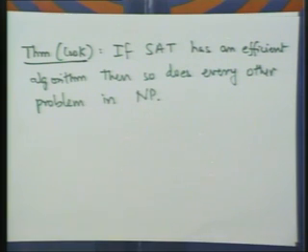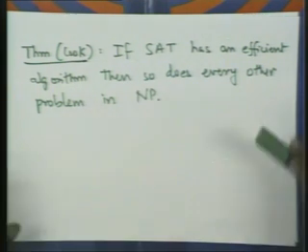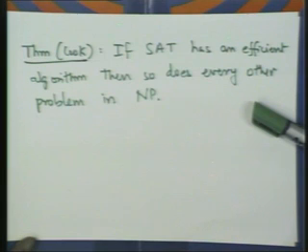This is among the most important theorems in computer science, so let's make sure that we understand this. By efficient I mean polynomial time. This says that if there is a polynomial time algorithm for SAT, then there is a polynomial time algorithm for every other problem in NP.